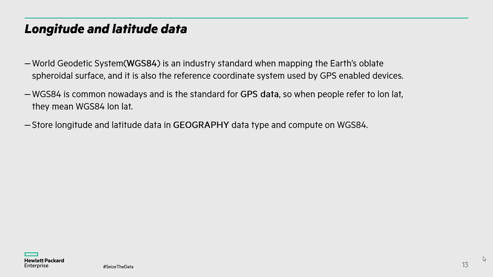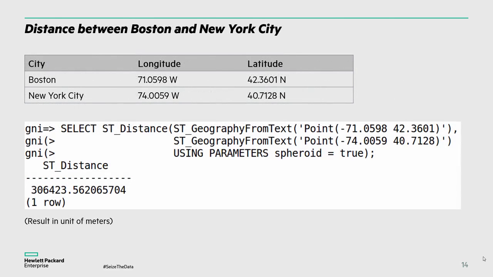What I want to mention here is Vertica supports calculations on the WGS84 system. You just need to load the longitude, latitude data into the geography data types, then we can calculate on WGS84. I will show you a very simple use case: calculating the distance between Boston and New York. The table shows the longitude and latitude locations of the two cities.